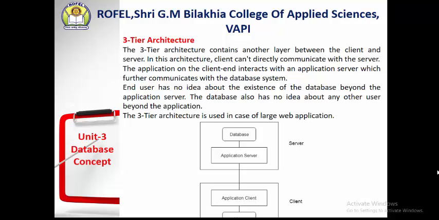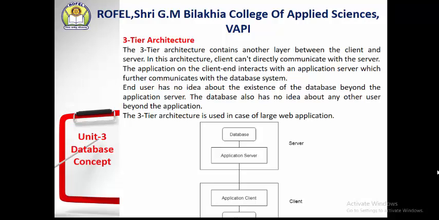It provides some application on the client side and one more application for the server side which can communicate with each other and with the database system. The end user has no idea about the database systems and the application server, but the database also has no idea about any other user's application.